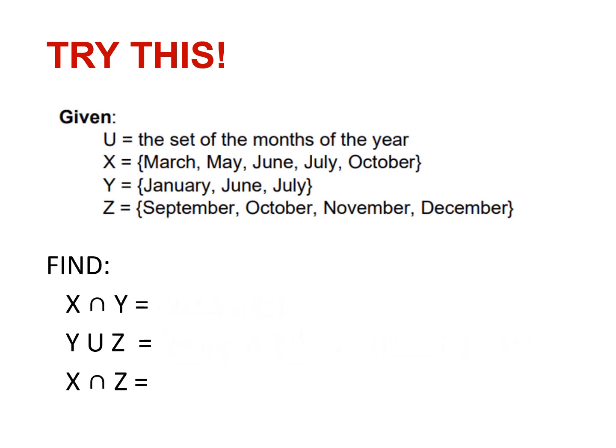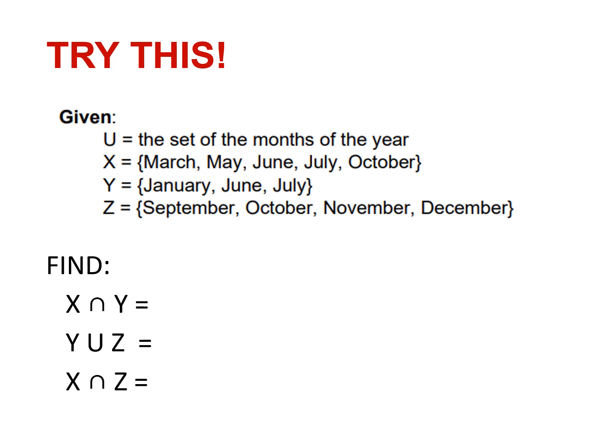Okay, so let's try another example. Suppose you are given set U, the set of the months of the year. Set X: March, May, June, July, October. Set Y: January, June, and July.